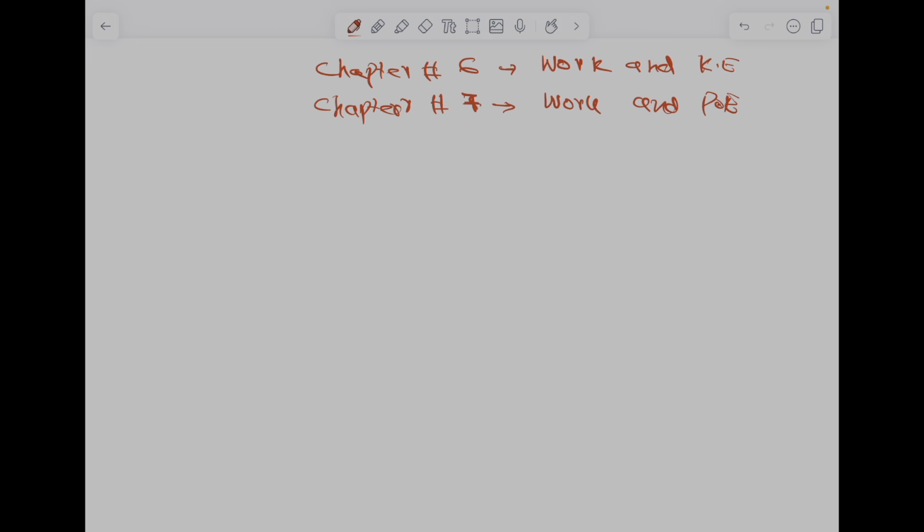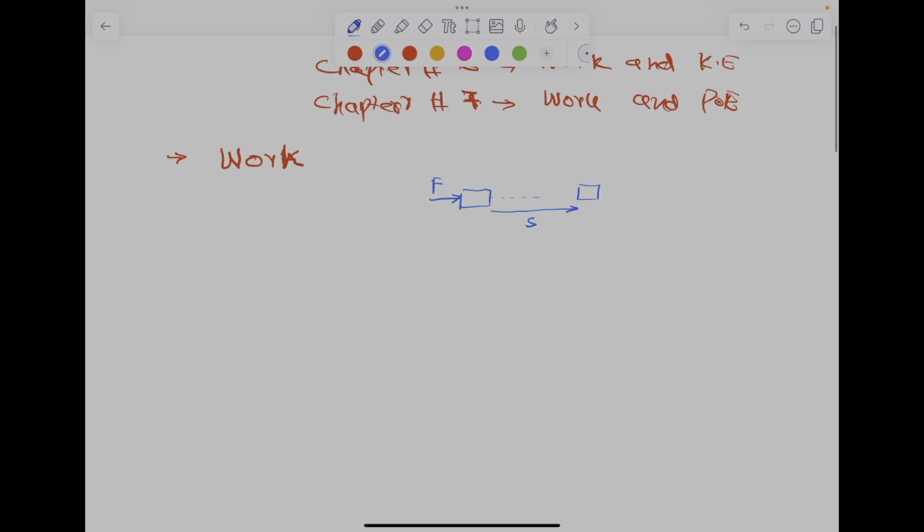So first we're going to define work. How do we define work in physics? An object of mass m, when a force is applied on a body and it covers some distance in the direction of the force, then in physics work has been done on this object.